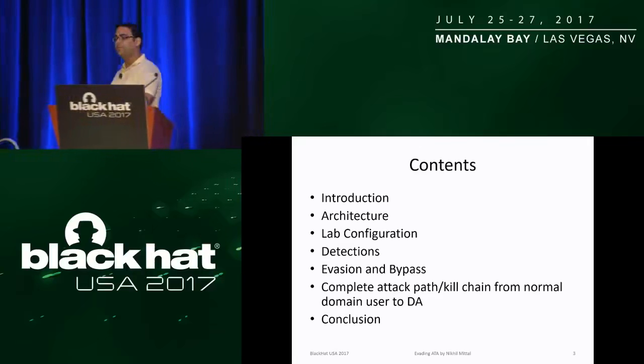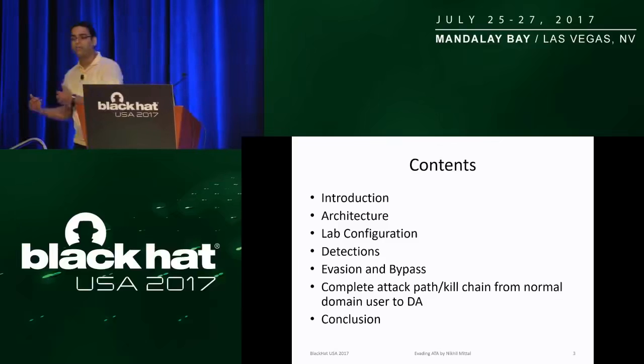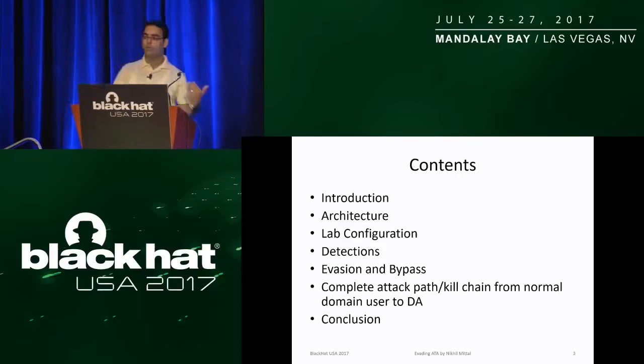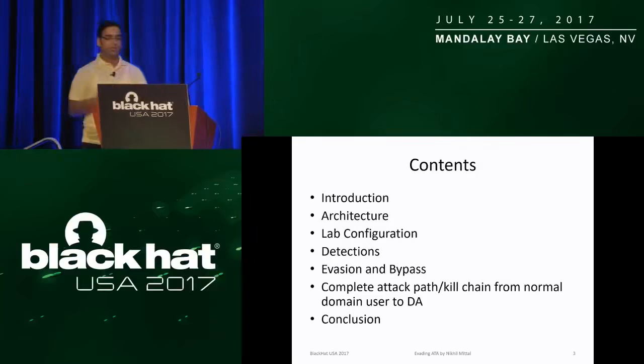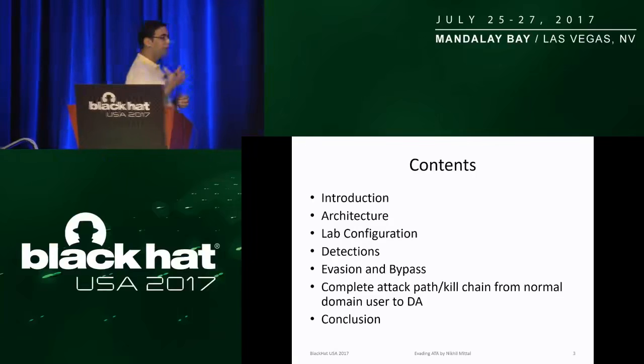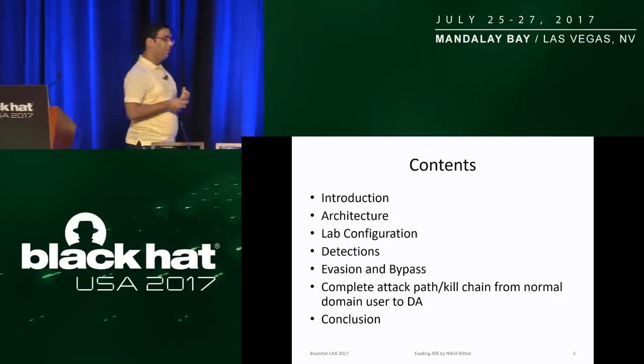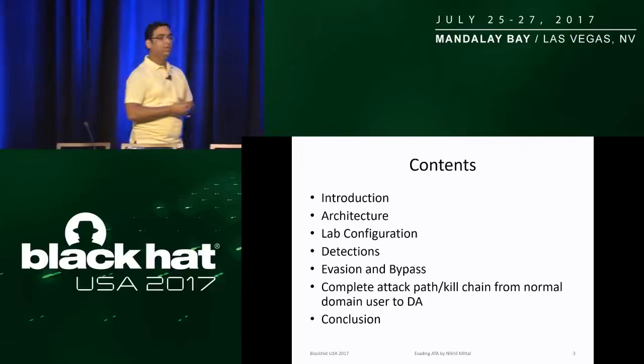Then we'll move on to see how we can modify our attack chains or penetration testing methodology or whatever you want to call it to simply avoid talking to the domain controller and thus ATA. Then we'll have a look at a couple of attack chains or methodologies, assuming that domain admin privileges are the goal.